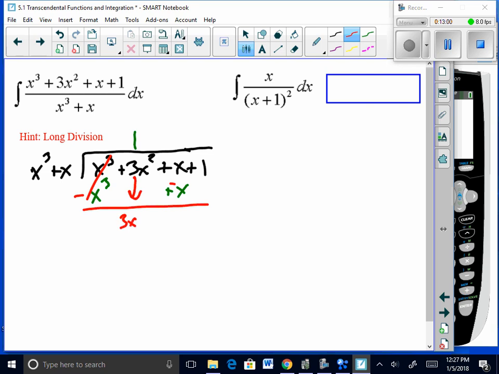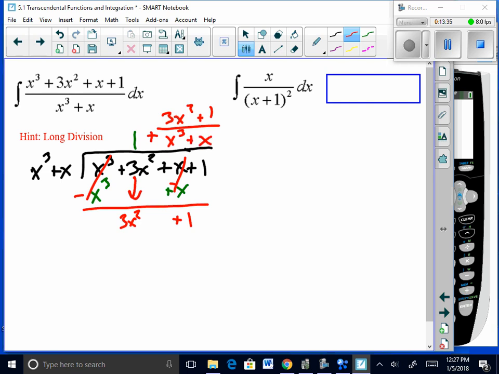Now I'm almost done, because here where I have 3x squared, if I divided that by x cubed, I guess I could, but once this power right here is less than this one, then we usually just go to the remainder. So now I'm just going to say plus, and then put my 3x squared plus 1 over my x cubed plus x.